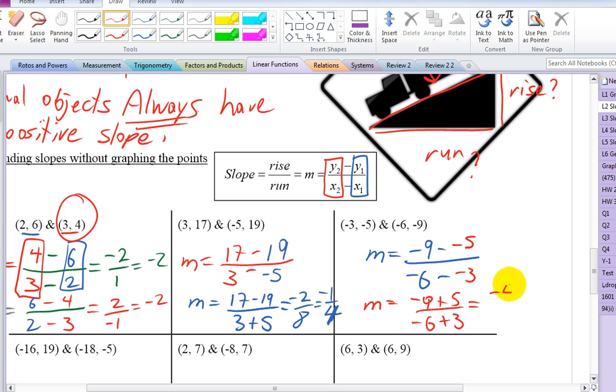Add them up, I get -4 on top, -3 on the bottom. That will give you half marks. Why? Because two negative signs equal a positive final answer. So you must show me you know how to do that. Okay? So never have two negative signs, folks.